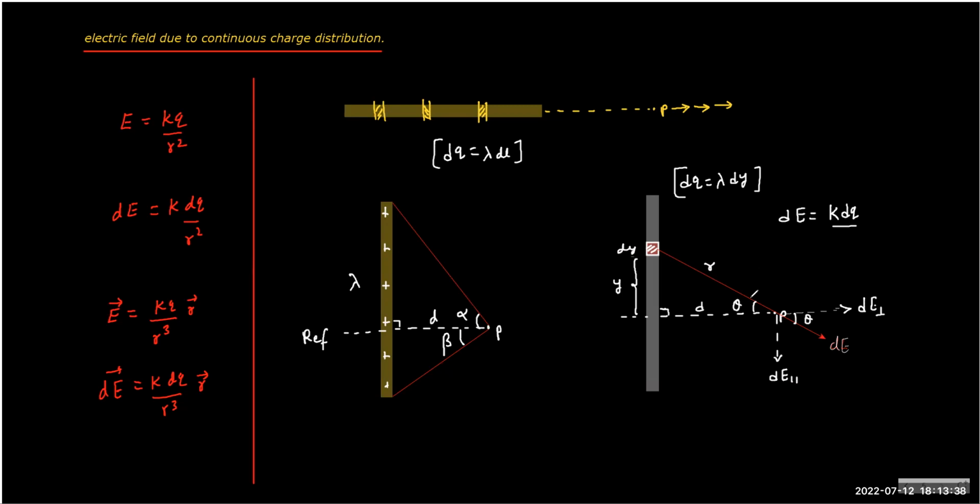So let's call it R. In terms of R, we can write R cos theta is d, so R is d sec theta. So as of now, let's write down R square, and we will be substituting R later. Let's simplify the dE first, and then we'll proceed to the derivation.